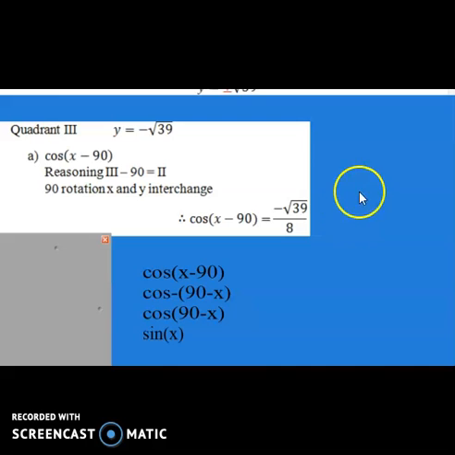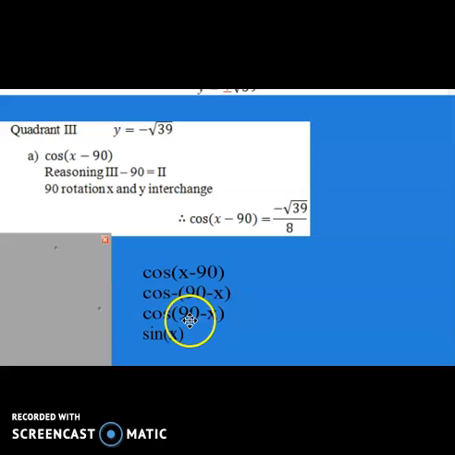As an alternative, for those who are not comfortable with working with this rotation of 90 degrees, you could have rewritten this as cos of negative 90 degrees minus x, and we all know 90 degrees minus x takes you into the first quadrant, which will be positive cos of 90 degrees minus x.